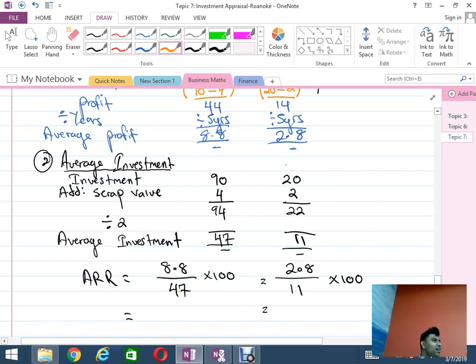How much do you get? 2.8 divided by 11 times 100, 25.45.